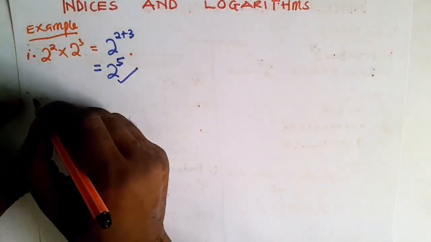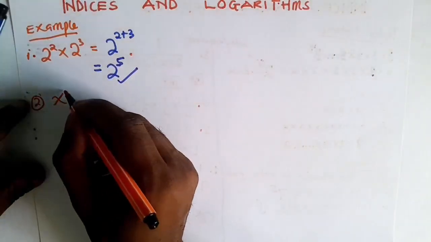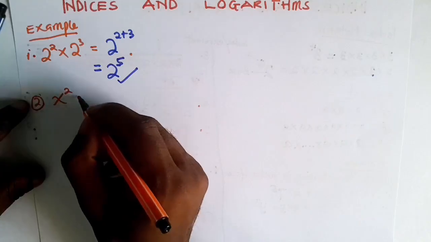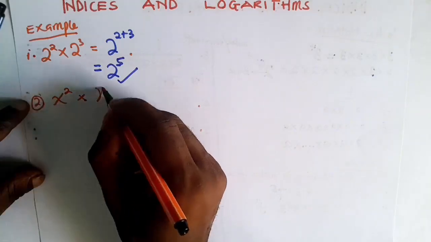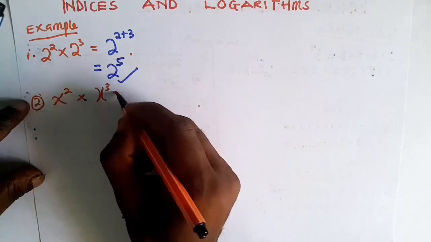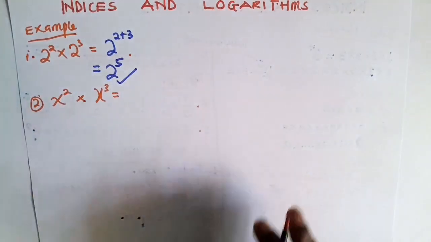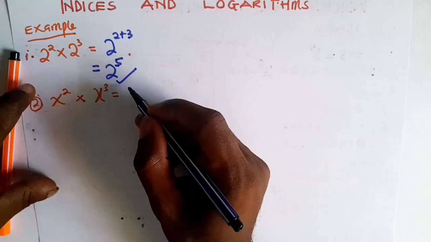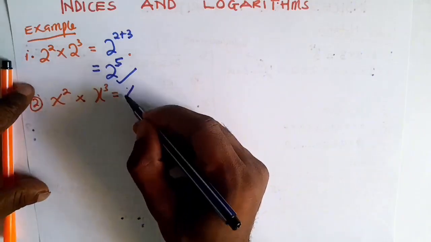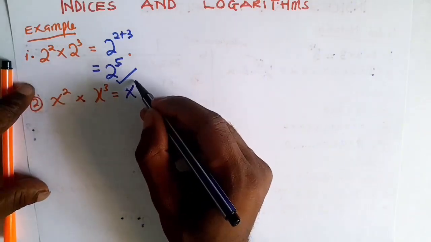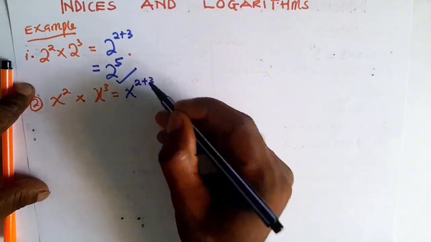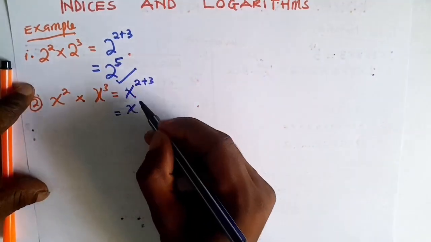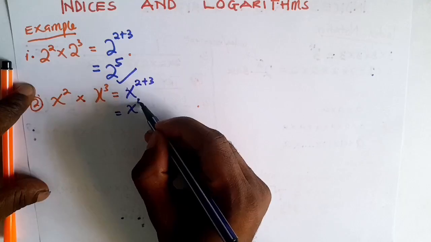What about x power 2 times x power 3? You can pause the video and then put your answer down. So you had x power 2 plus 3, and that gave you x power 5.